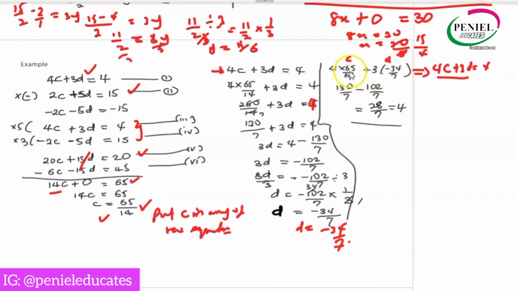This one will be 130 over 7, because 2 can cross here. This one is 102 over 7. So we do that, and we have 28 over 7, which is 4, which is also this particular one. So that means our answer is correct.